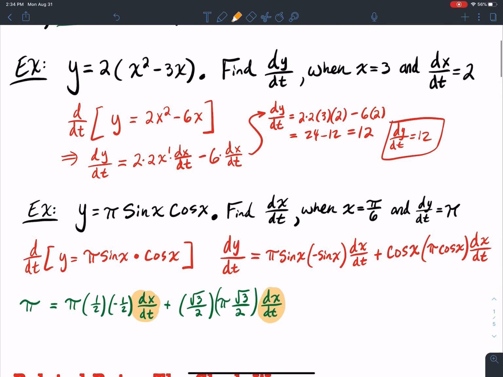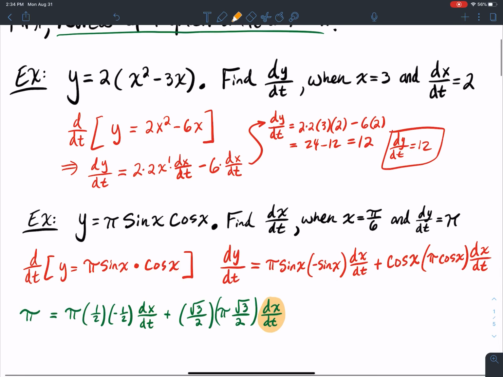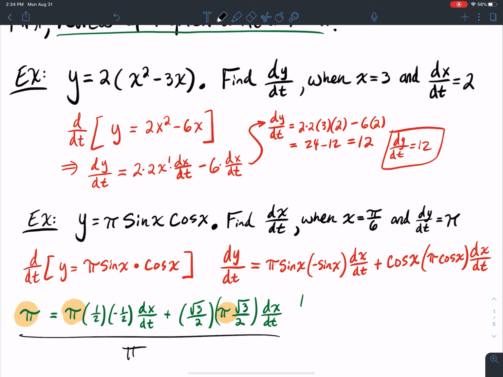So I see that I've got a dx/dt and a dx/dt here. Okay, so I need to do some simplification. I'm going to divide everything through by pi. That way I get rid of my pi's. And so when I divide everything through by pi, this becomes 1, right? So 1 equals, well, what do I have left?